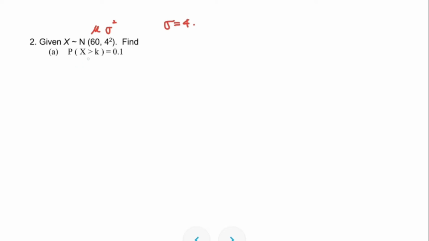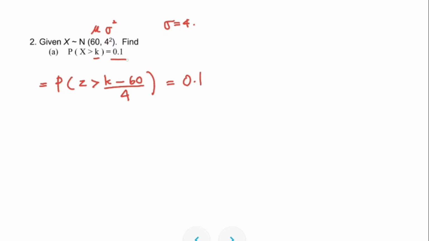So if we get questions like this, where we need to find the value of k instead of finding the probability, but the probability is given here, the first thing we need to do is standardize. We take k minus the mean, 60, divided by the standard deviation, 4, will be equal to 0.1.